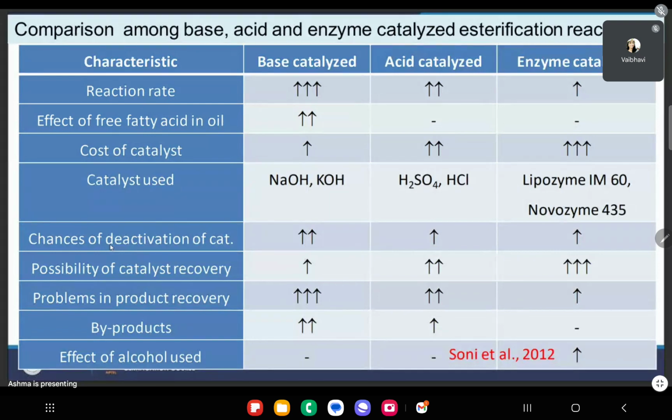Next is the possibility of catalyst recovery. Enzyme catalyst can be recovered very efficiently as compared to base catalyst. Next is problems in product recovery. It is very high in base catalyst, and we also get a byproduct in base catalyst, that is glycerol. And next is the effect of alcohol use. It is high in enzyme catalyst.